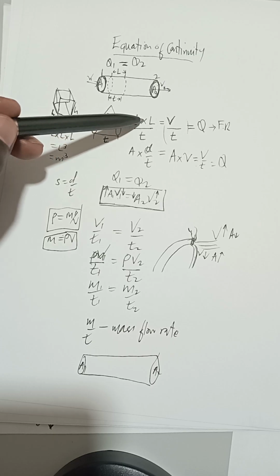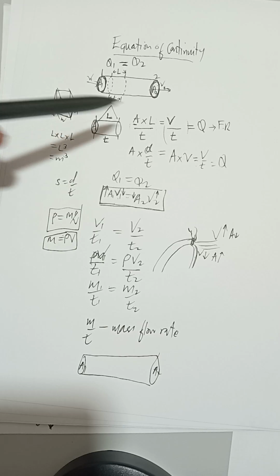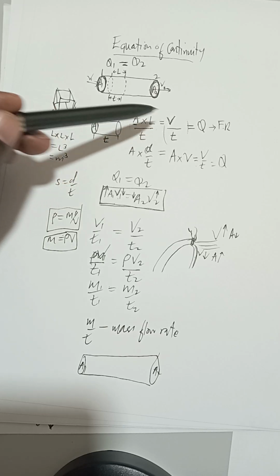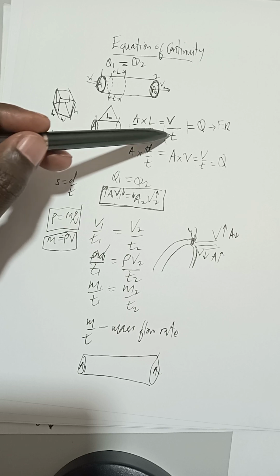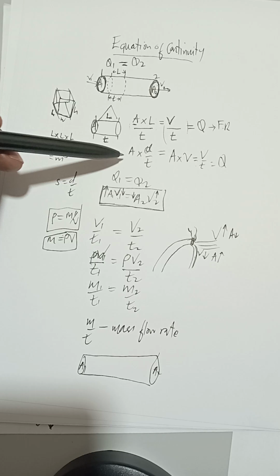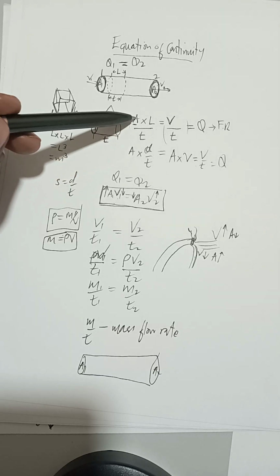So area is pi r squared times L, where L is the height, and that gives volume. Now for flow rate, divide by time. Think of the equation speed equals distance over time.